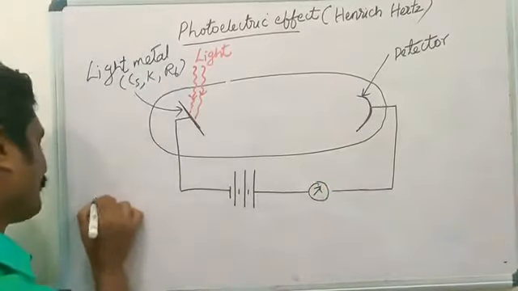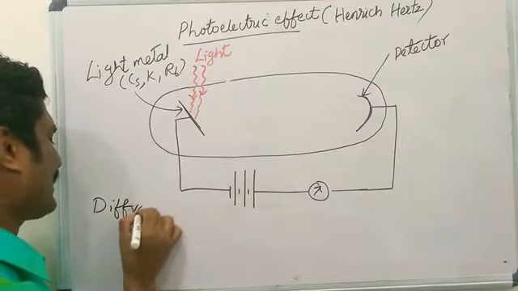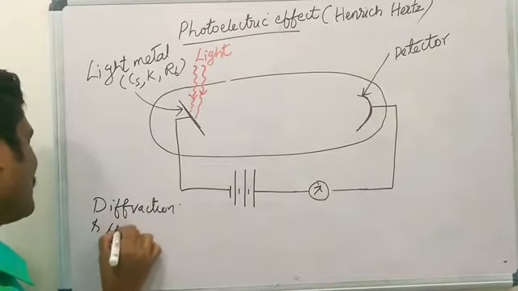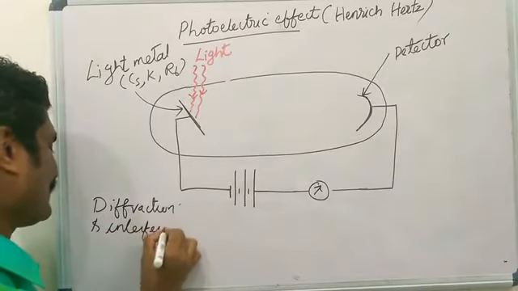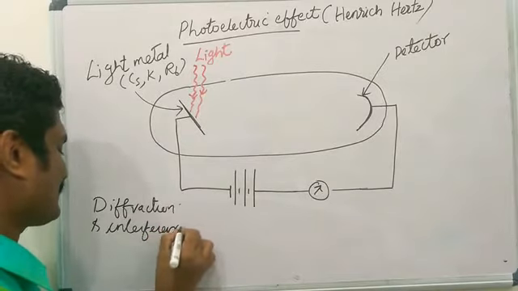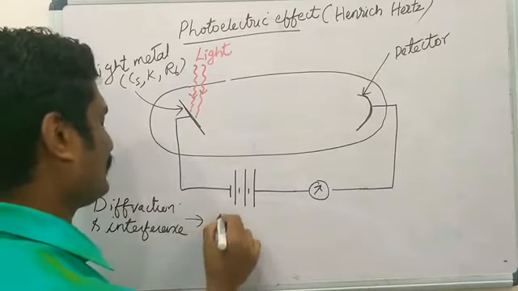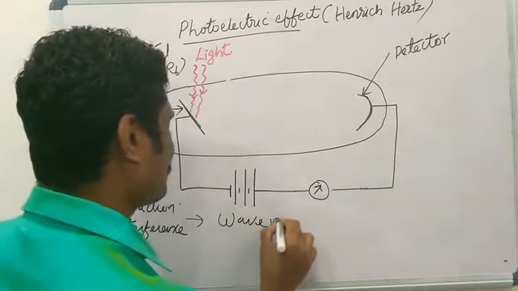The properties of light like diffraction and interference can be explained using the wave nature of light.